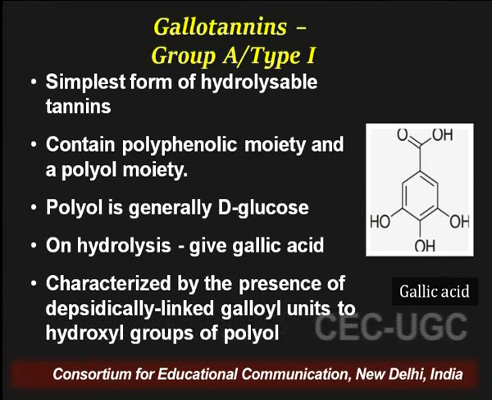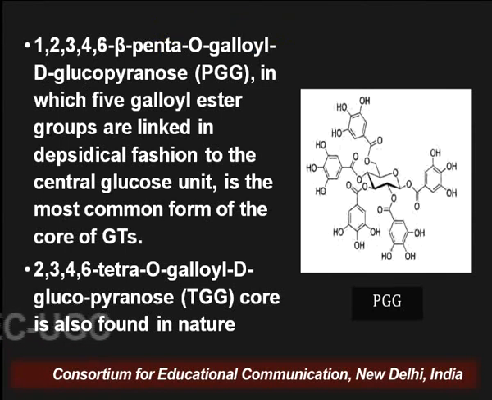And this arrangement of galloyl units with the sugar molecule leads to the formation of two core structures. One is 1,2,3,4,6 beta penta-O-galloyl-D-glucopyranose core molecule, that is PGG, and the second one is 2,4,6 tri-O-galloyl-D-glucopyranose, that is the TGG core molecule, and amongst these two, PGG is more prevalent in nature in comparison to TGG.